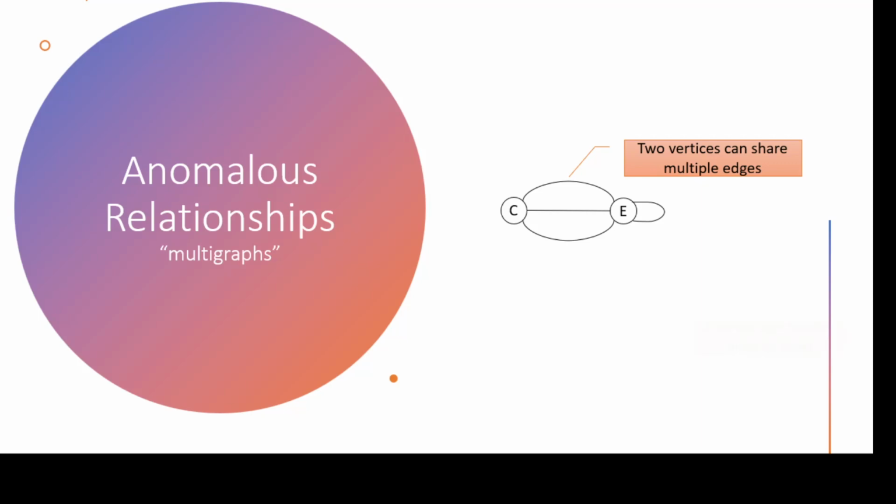And then there's also the idea that a vertex could have an edge to itself. Again, it's kind of a weird notion, depending on what the data type is. But again, we could be talking about employer-employee relationships.